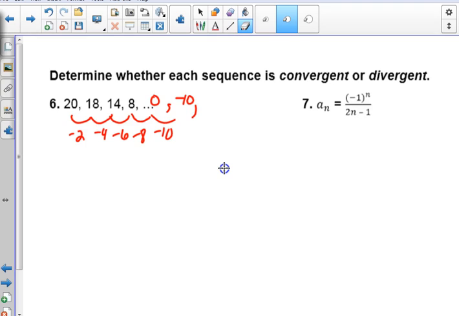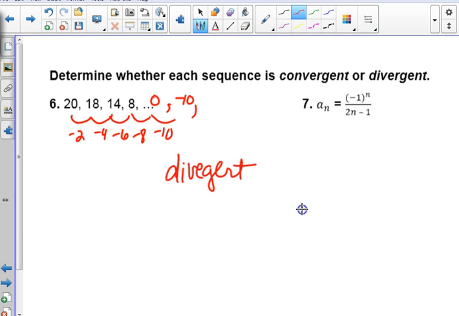It's going to get negative and keep getting more negative, right? So this is divergent. What does it have to be doing to be convergent? One more time. It can't be getting incredibly big or incredibly small. It's got to be approaching a particular number.